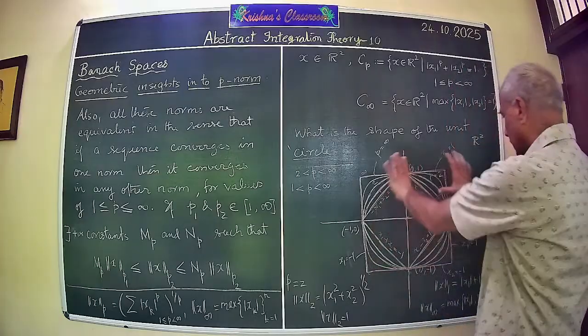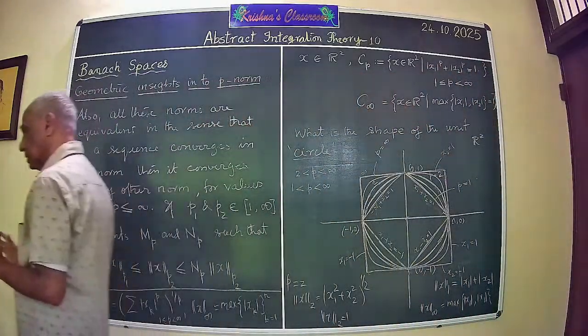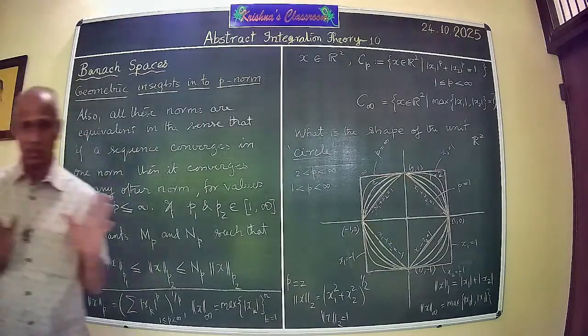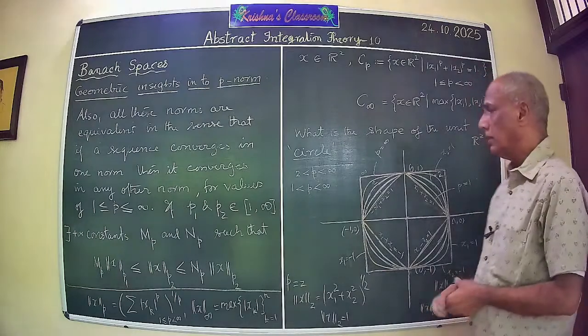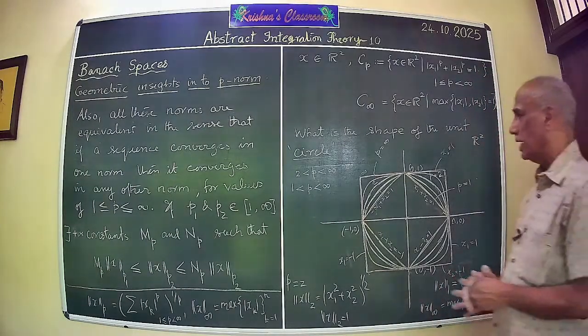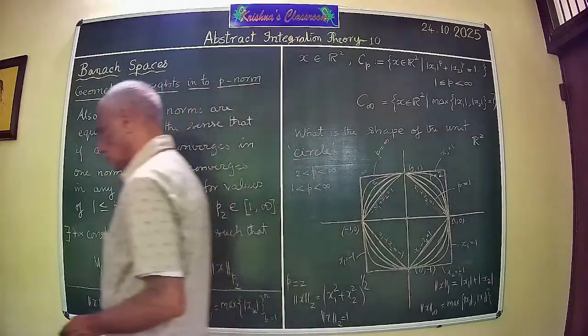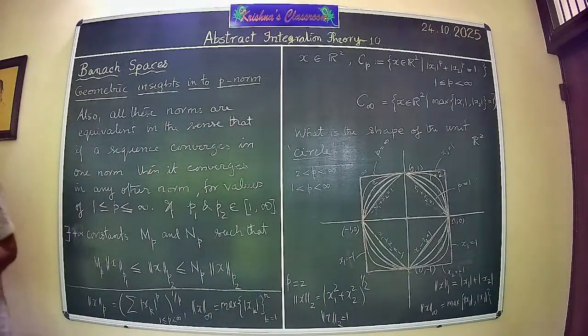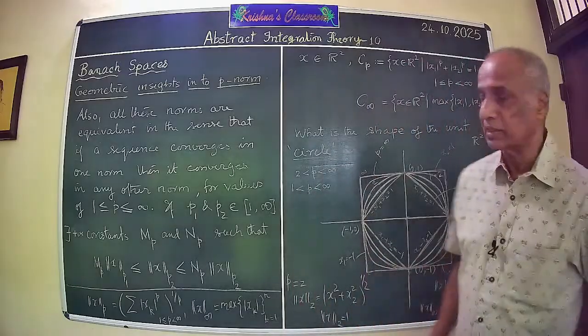So these are the shapes of the unit ball or unit circle that you have in R2. Now one of the properties that you observe is that all these are convex. Okay, so convexity is one of the common properties that you have for all these unit circles.